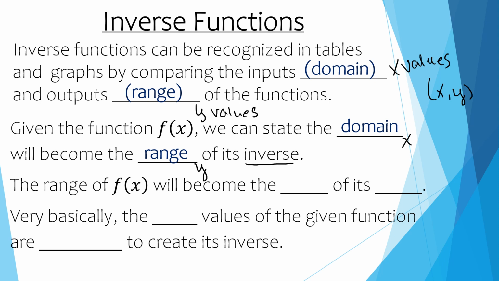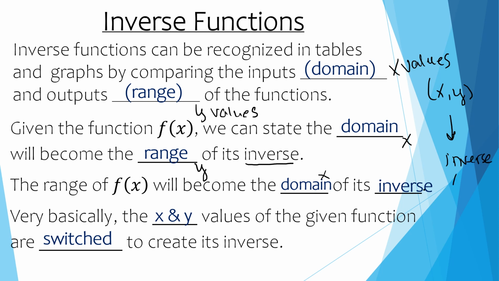Therefore, the range or the outputs of that original function become its domain, or the x's, of its inverse. So very basically, what are we doing? We are just switching the x and y values of an original function to create its inverse. So if my original function is x, y, its inverse, just looking at an ordered pair, will become y, x. We're just taking domain and range and switching their places, or input and output and switching their places.